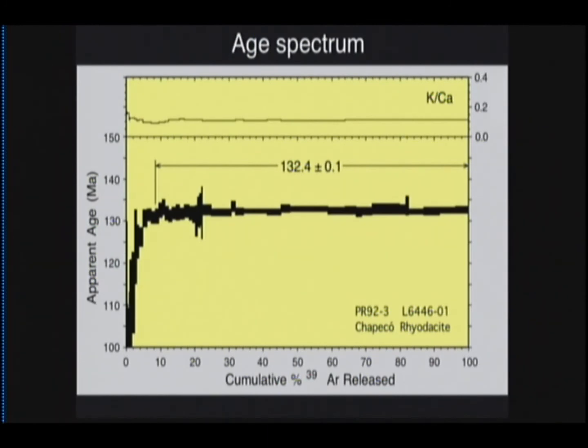if this age spectrum, which is calculated using an air correction, if this sample had non-atmospheric argon-36, or argon-40 for that matter, it would have to be homogeneously distributed in order to still yield this plateau, because the air correction would have to be uniformly incorrect in order to still yield a plateau.